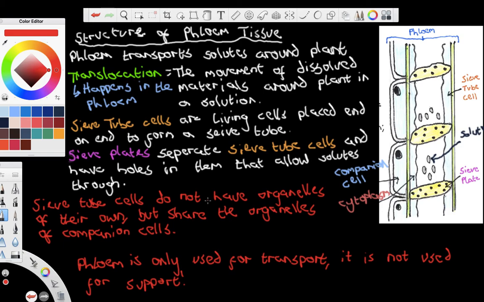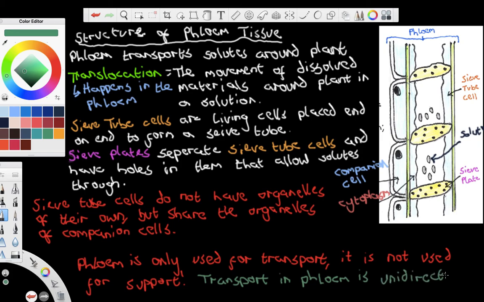So the phloem only transports dissolved substances. Remember, in the phloem, it will be unidirectional. So we can also put here: transport in the phloem is unidirectional.